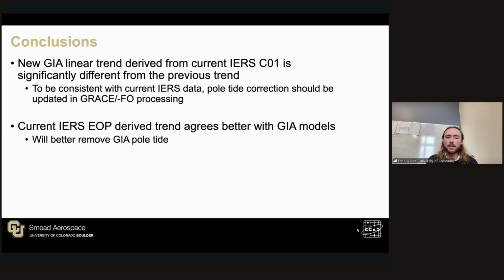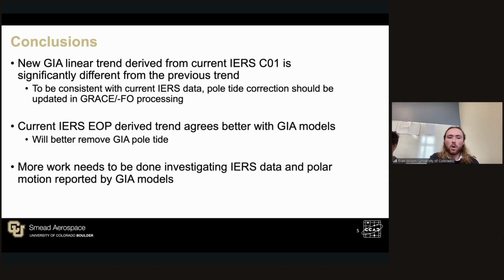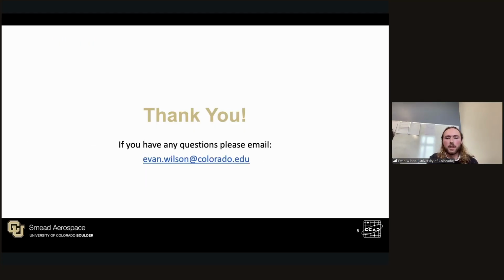The current IERS EOP derived trend will agree better with GIA models, which will help to remove the GIA pole tide and reduce any degree 2 order 1 residual signals that are non-physical and are from the pole tide. But more work needs to be done to investigate the IERS data as well as the polar motion reported by GIA models. Thank you. And if you have any questions, please feel free to email me.